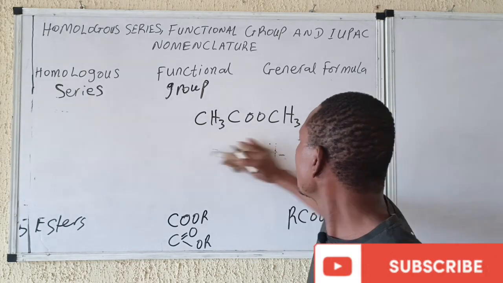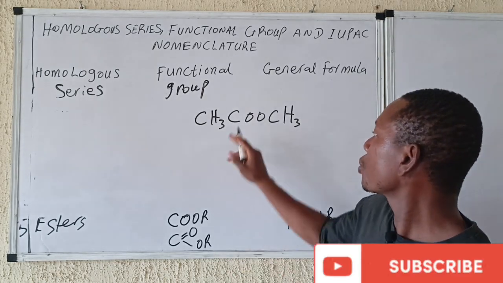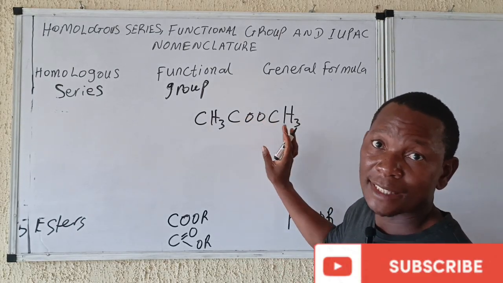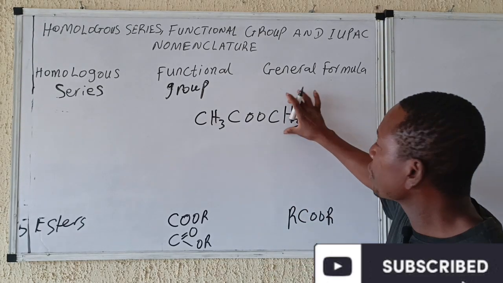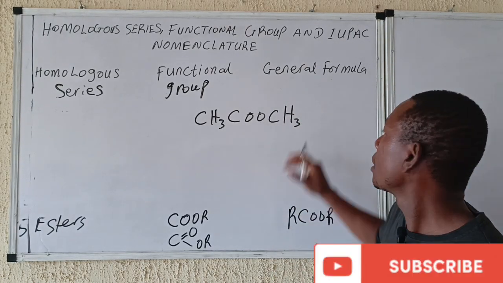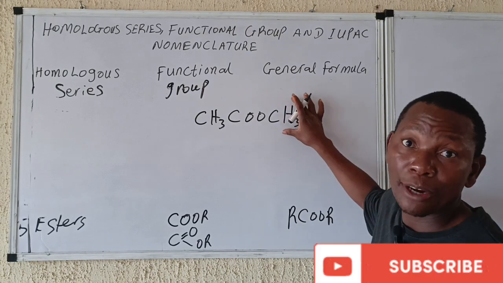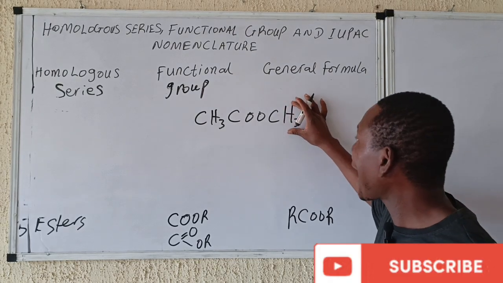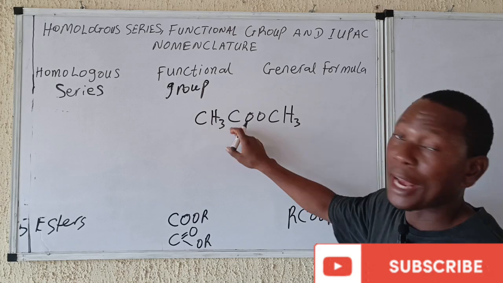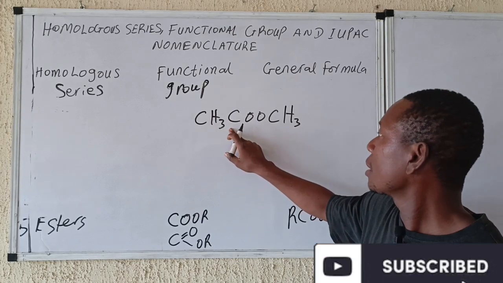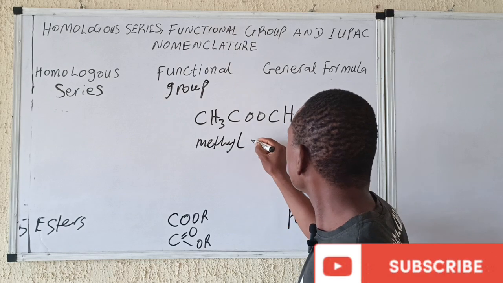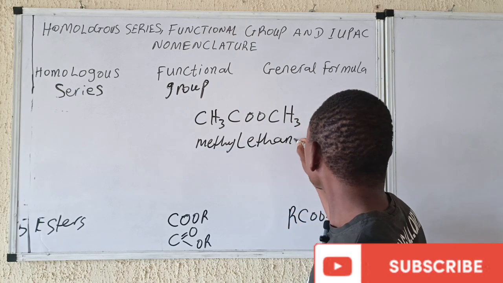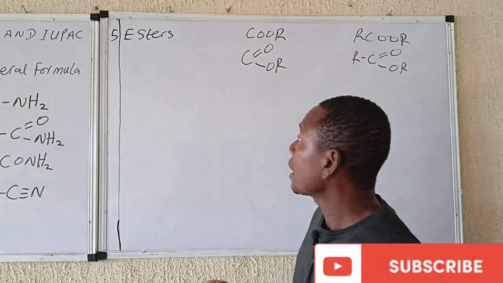In naming esters, remember you see COO as their functional group. In naming an ester, pick this first. This is a methyl group, right? So this is methyl. This is 2, right? Ethanoate. So this is methyl ethanoate.